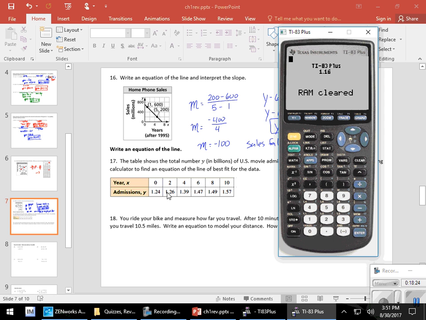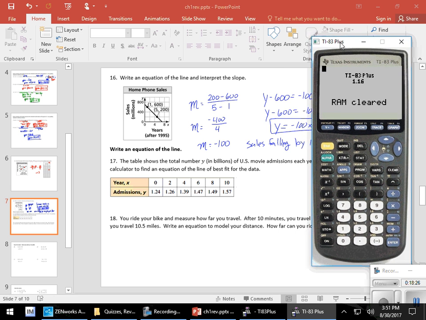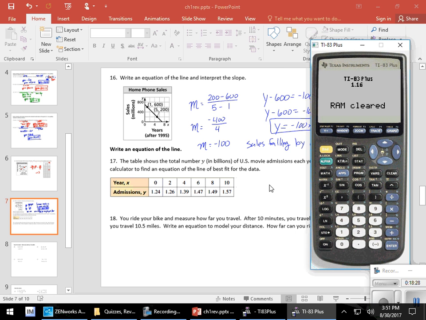So remember, what we want to do is find a linear regression here. So I'm going to go to Stat, and I'm going to Edit Stats. List 1 is going to have all my x values. So I put in 0, 2, 4, 6, 8, and 10.